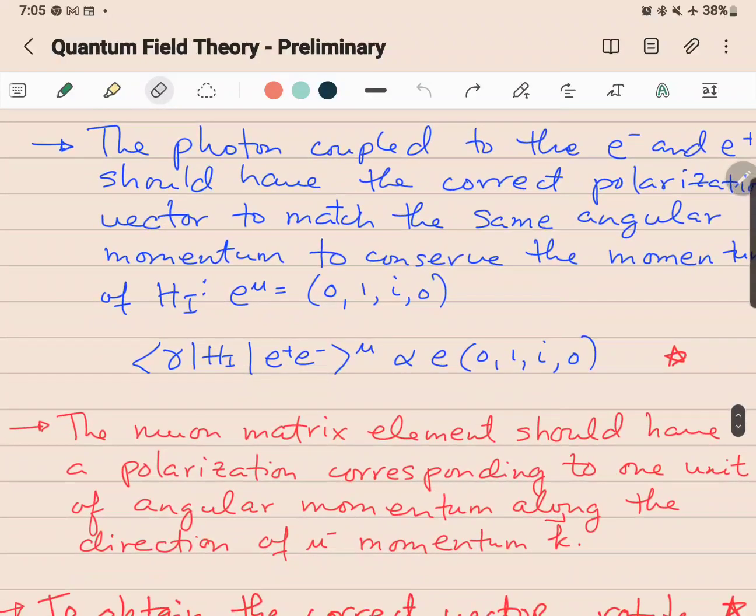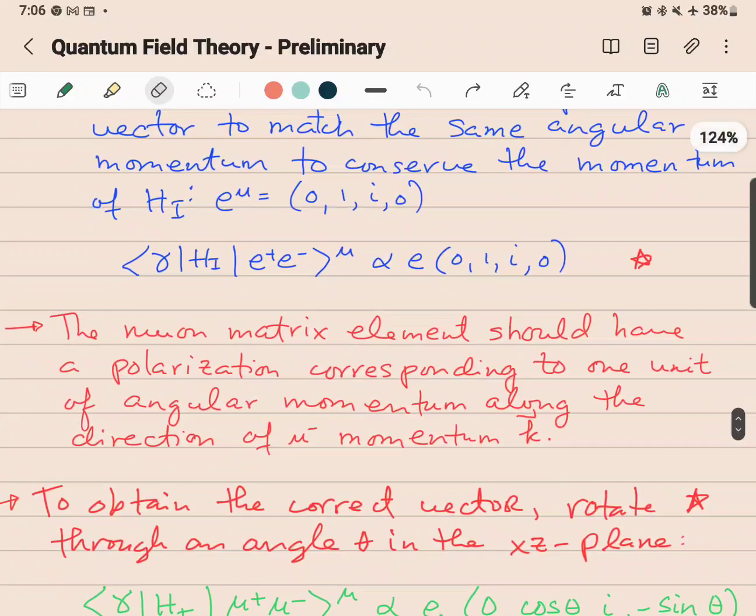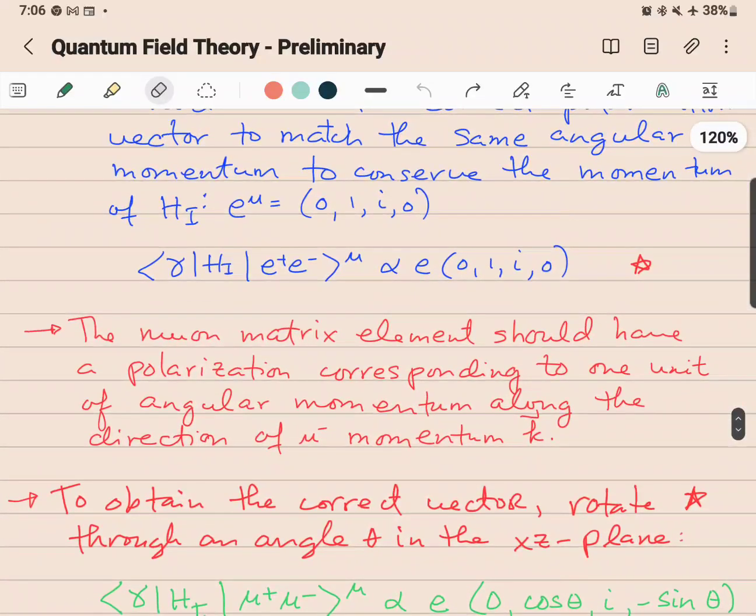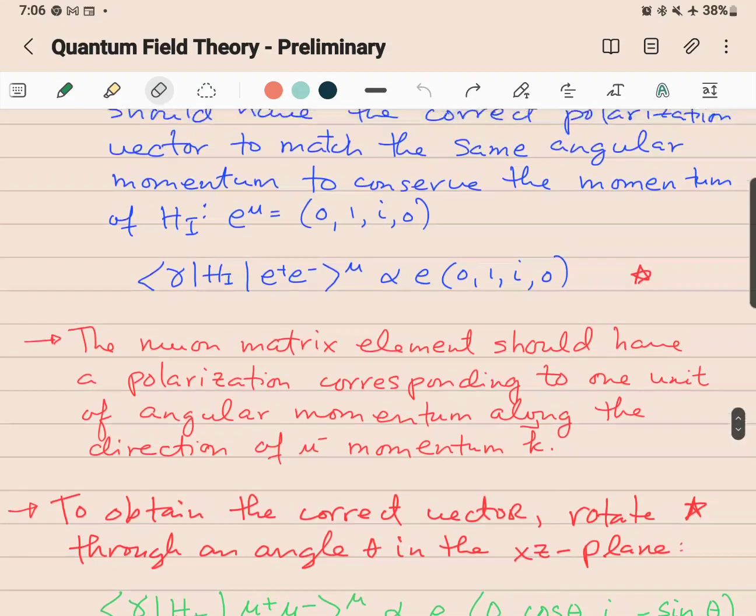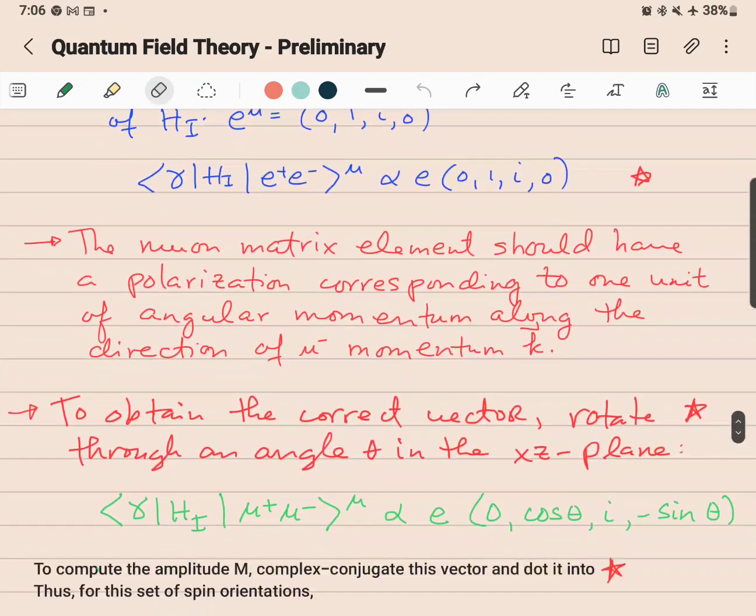So the mu minus matrix element should have a polarization corresponding to 1 unit of angular momentum along the direction of the muon momentum k. To obtain the vector, just rotate this by the angle theta in the xz plane. So you would have this as the polarization of mu minus. It now has a component on the z.